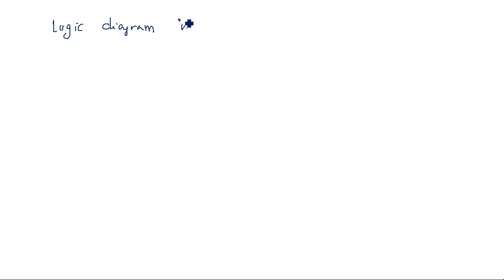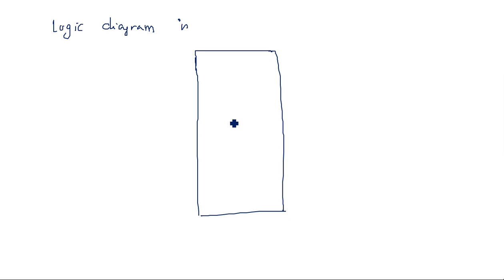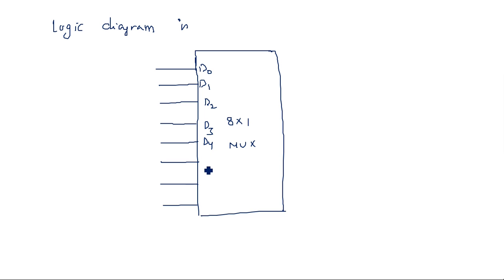So the logic diagram is, we have to take an 8 by 1 multiplexer with inputs D0, D1, D2, D3, D4, D5, D6 and D7.